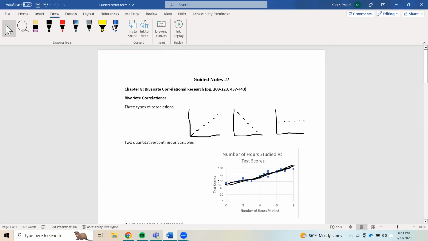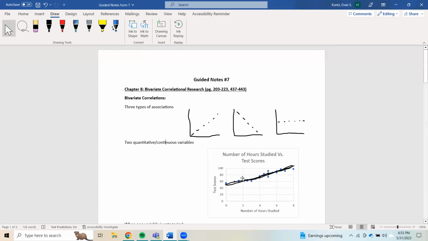And then on the y-axis, we have test scores, which ranges from 0 to 100. So any given person could have scored a 40 or an 80 or a 60 and so forth. Each of these dots corresponds to these two axes.